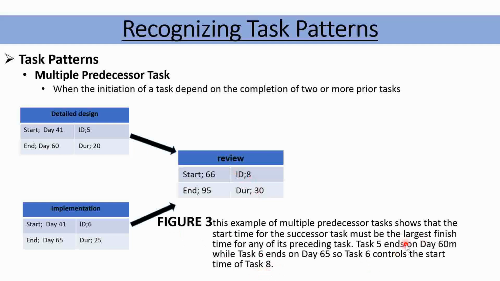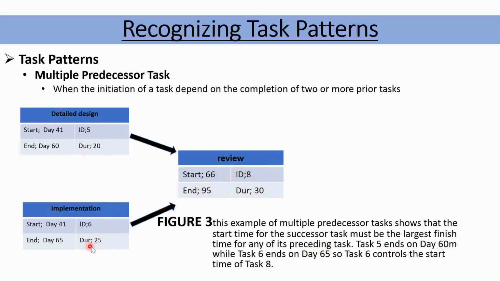So the one with the largest finishing time of the preceding task controls the starting time of the successor. It's very important to remember that the largest finishing time or the largest duration will control the start time of what? Of the successor task.